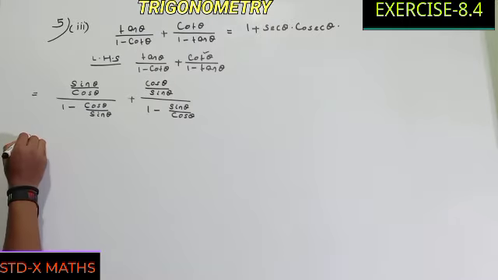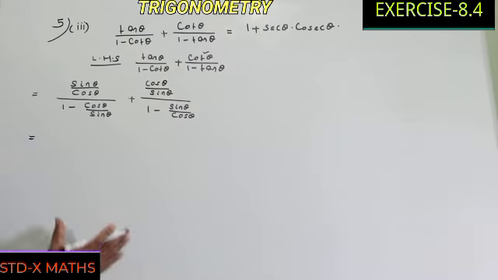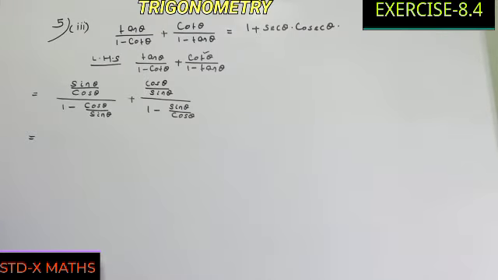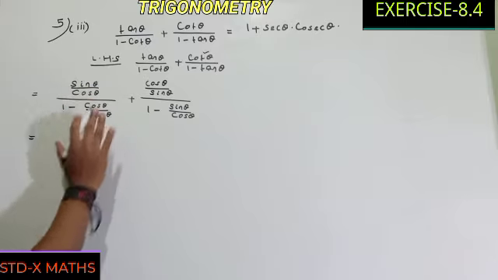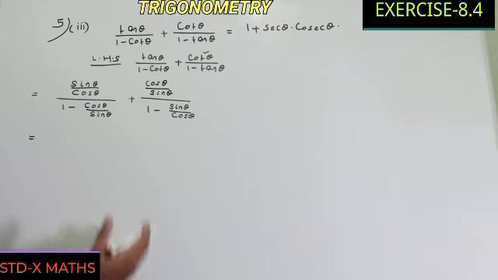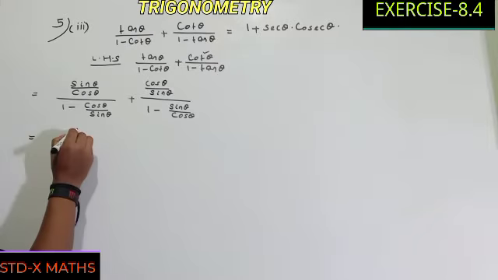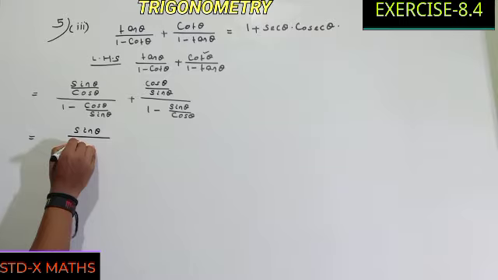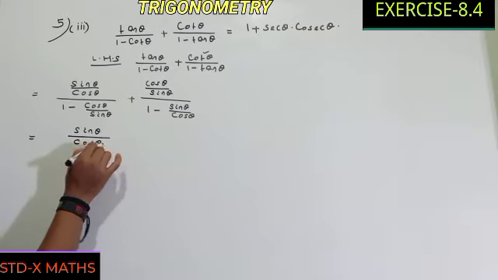Ready? Our next step is just like the calculation we used to do. In the similar way we have to simplify this term and proceed with the calculation. So this one is sin theta divided by cos theta.